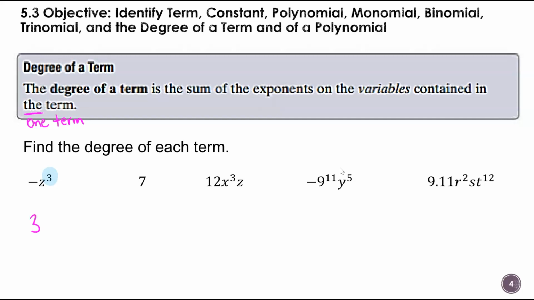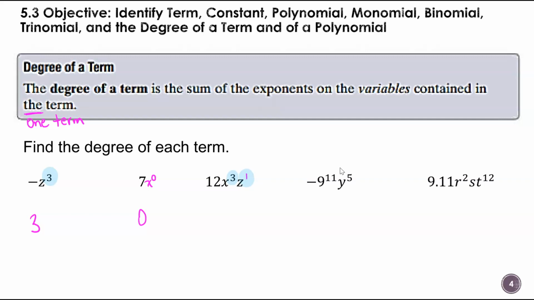On the 7, notice we don't have an exponent. You could consider this 7x to the 0, so that's why a constant term has degree of 0. We're just going to say 0 on the degree. You don't need to write that, but that's how you could think about it if that helps. On the next one, we have a degree of 3 and a degree of 1. We don't write the 1, so you don't see it, but it's there.